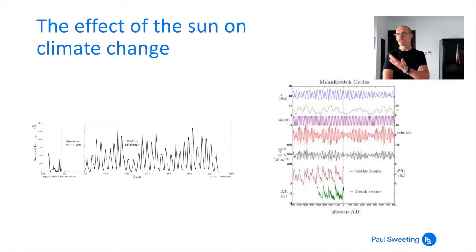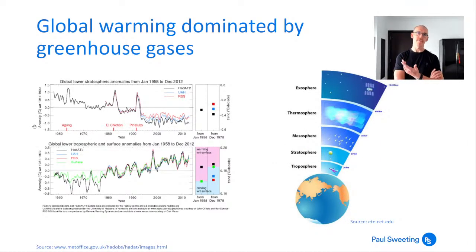So sunspots and solar activity could have an impact on the climate. But what we're seeing is the level of solar activity has actually been decreasing over the last few decades. So it certainly doesn't explain the fact that the Earth is getting warmer, that we're seeing higher temperature on Earth. And a really good graphic which shows that greenhouse gases are the more likely culprit is this one here.